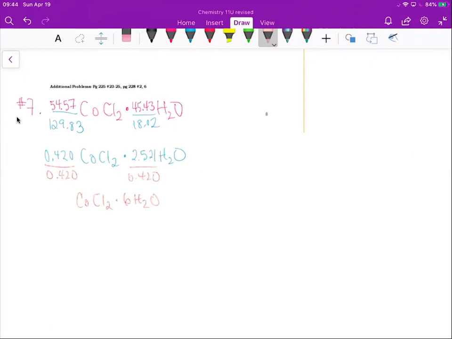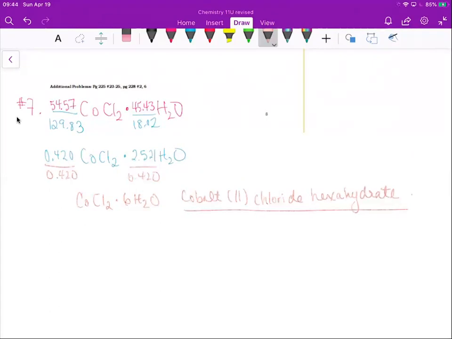Cobalt is multivalent, right? So cobalt 2 chloride. And then 6, it goes mono, di, tri, tetra, penta, hexa. Hexahydrate. Et voila.